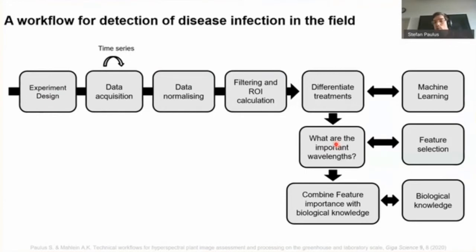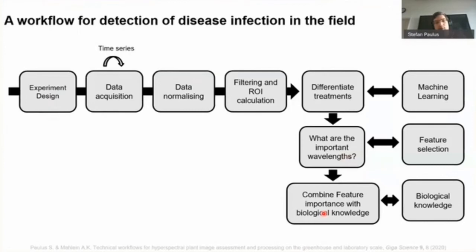If you know which are the important wavelengths, you have to combine this technical knowledge with the biological knowledge. Then you know why you need just these, let's say, 4 or 5 wavelengths in the end.